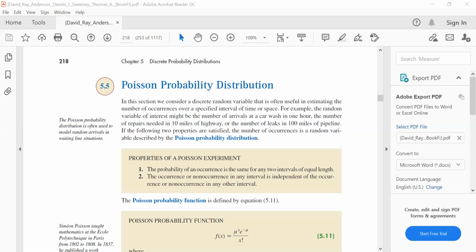Now consider the second example. Consider yourself as a quality manager in a firm and you are looking for the number of defective items in the next 100 items manufactured on a machine.